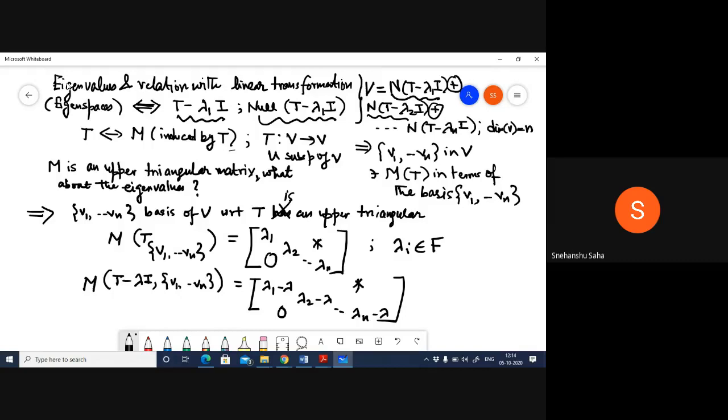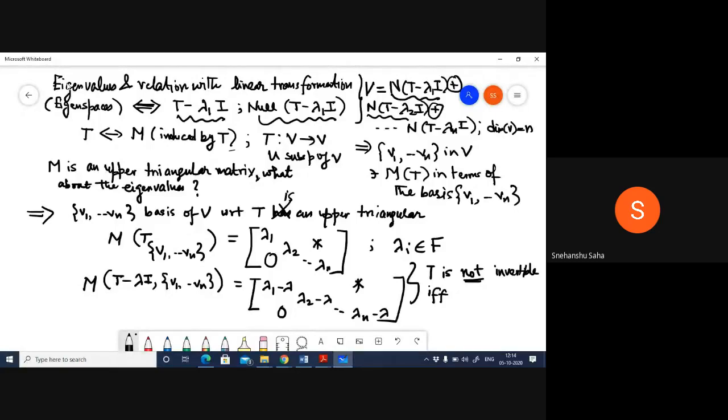Now, what do we know about this T? T is not invertible, right? And this is what is important. If you recall your earlier results, non-invertibility of the linear map is equivalent to existence of the eigenvalues. We have seen that result multiple times, right? So T is not invertible if and only if what? If and only if this is a null, because this belongs to the null of T, right?